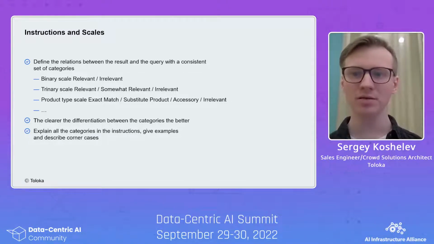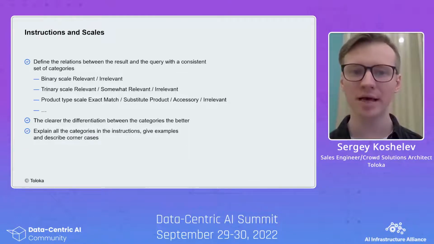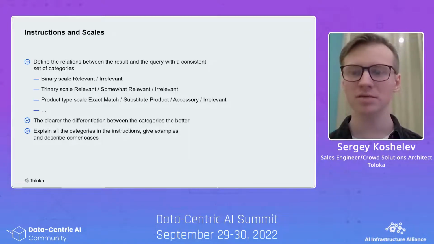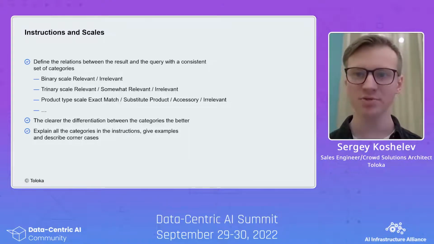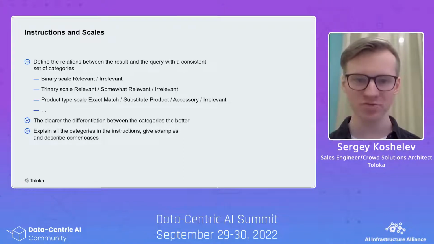So if we transition from just web search relevance to product relevance, you can use a specific scale designed for this type of task by introducing something like an exact match relation, or a substitute product, for example, providing a Samsung phone for a user who's searching for an iPhone smartphone, or this relation can be described as an accessory product, like an iPhone case for the iPhone query, or just an irrelevant result.